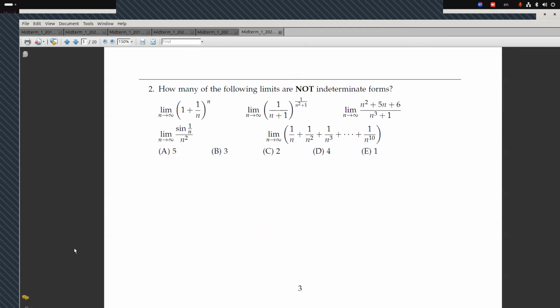First one, so pay your attention. We are not asking about limits of some expression. We are asking about forms, indeterminate forms or determinate forms.